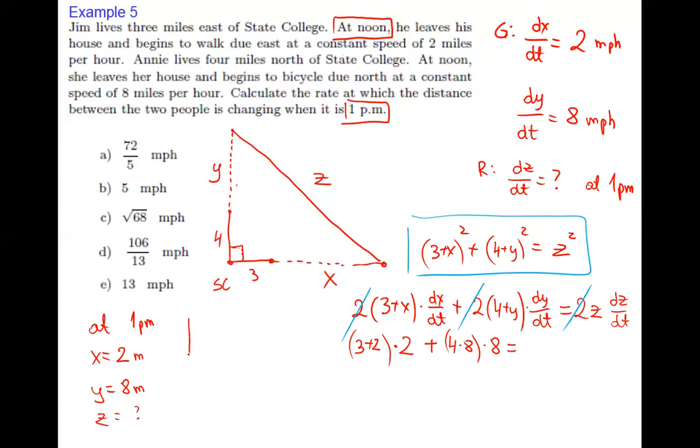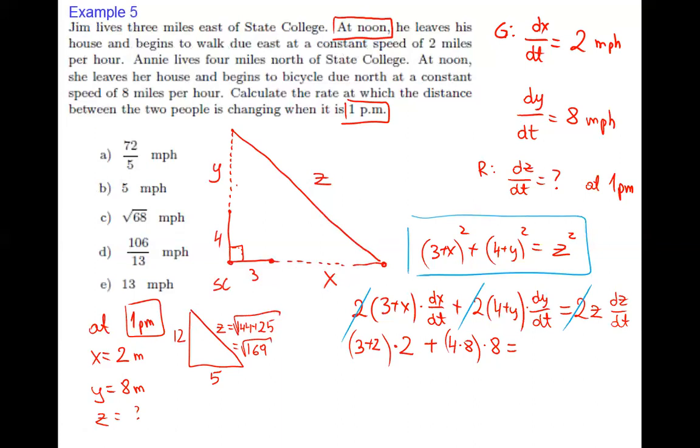Okay, let's draw this triangle. The whole side at 1 p.m. 3 plus 2 is 5, and 4 plus 8 is 12. That means I can easily compute z, which will be the square root of 144 plus 25, which means the square root of 169, which is 13. I believe it's 13.